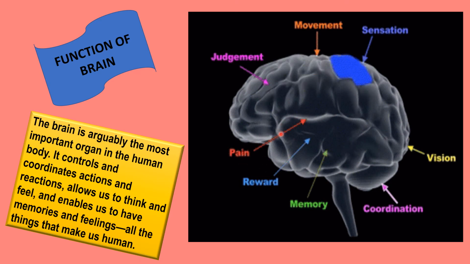And this portion is responsible for pain. And this portion is responsible for judgment. So we can see our brain is responsible for every emotion or every work that we do. That's why without our brain, or without the function of the brain, we are nothing.